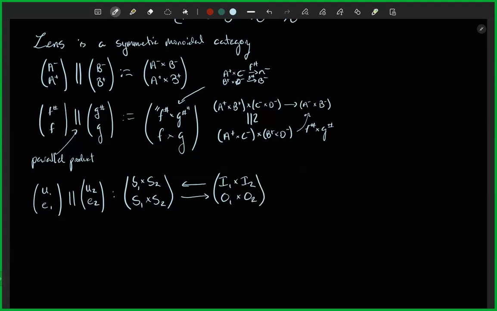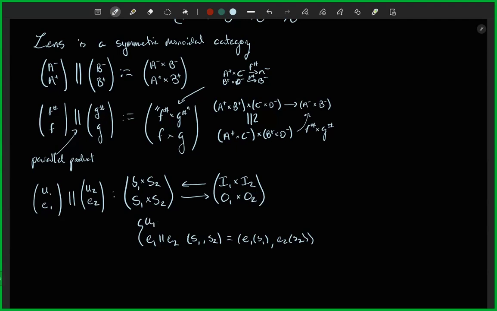That's just the type signature of this. And what it's going to be is, well, E1 parallel product E2, right, is going to take S1, S2, and it's going to give us E1 of S1, E2 of S2. That's nice and easy.